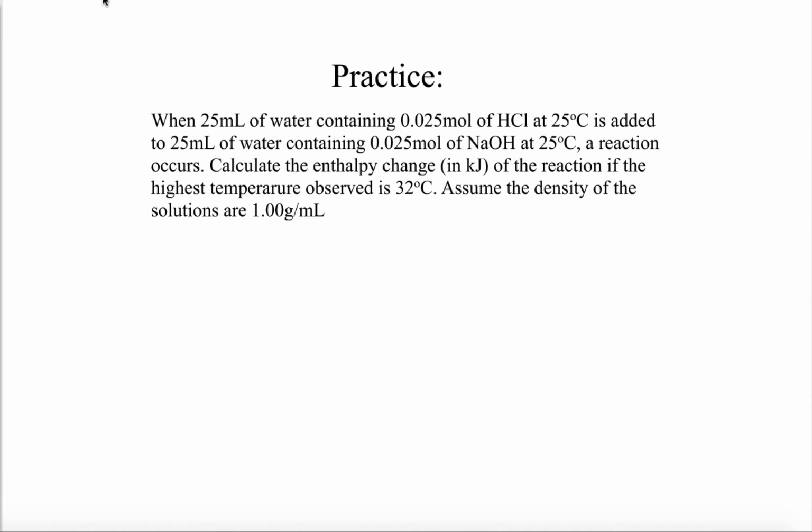As always with any problem, we want to break down what we're given. We have to solve for the enthalpy change, so that means we are looking for delta H. As we just learned, delta H is equal to negative mass times specific heat times the change in temperature. So if we're going to look for the enthalpy, we must find the mass, specific heat, and change in temperature.